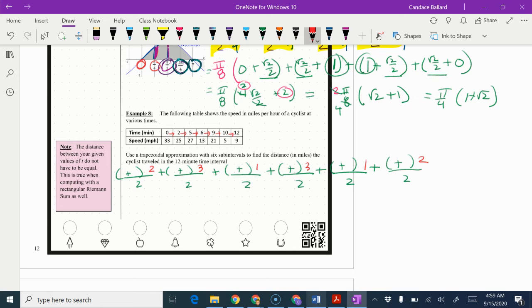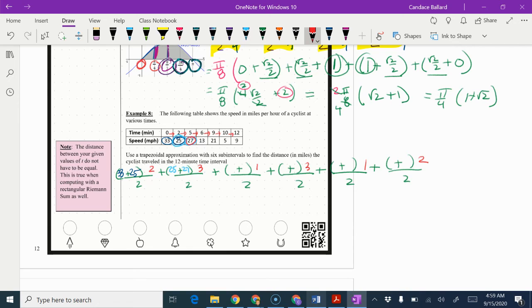Okay. Then we're going to use our actual heights here as the bases. So the first base would be 33, and then the next one would be 25. And then I'm going to repeat the 25, since it was in both. So 25 plus 27.